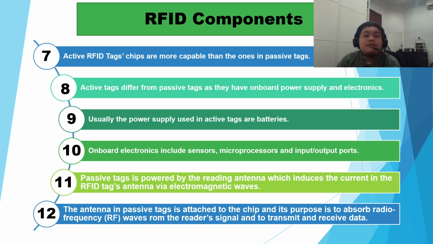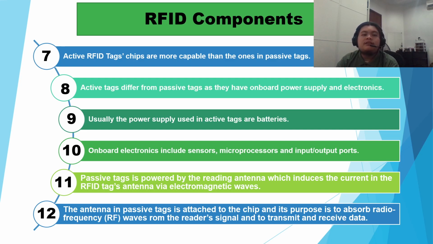Active tags differ from passive tags as they have an onboard power supply and onboard electronics. Usually, the power supply used in active tags is a battery, as I mentioned before. Onboard electronics include sensors, microprocessors, and input and output ports.